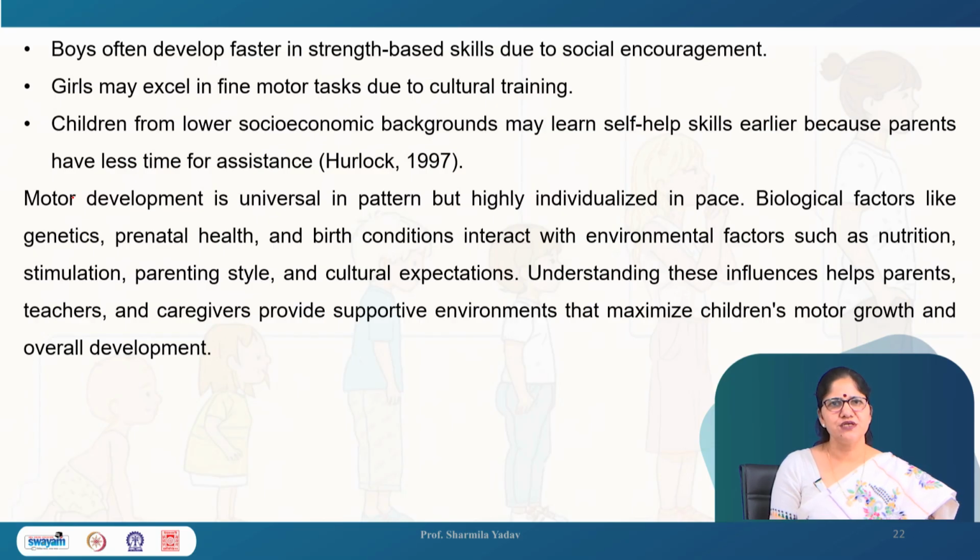Motor development is universal in pattern but highly individualized in pace. Biological factors like genetics, prenatal health, and birth conditions interact with environmental factors such as nutrition, malnutrition, undernutrition, stimulation, parenting style, overprotective parents, and cultural expectations.